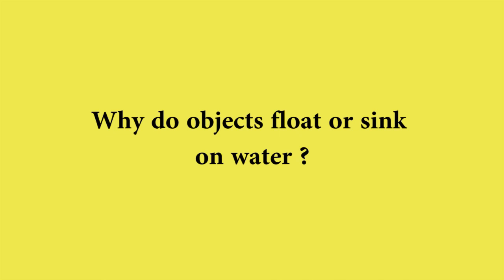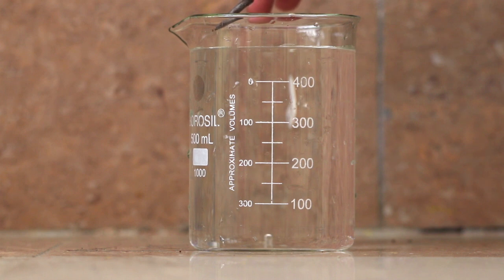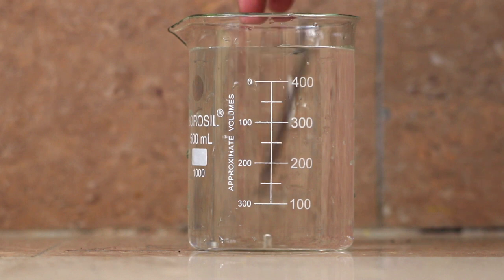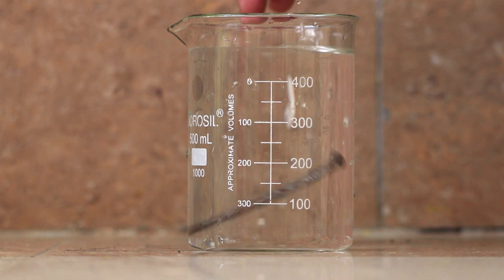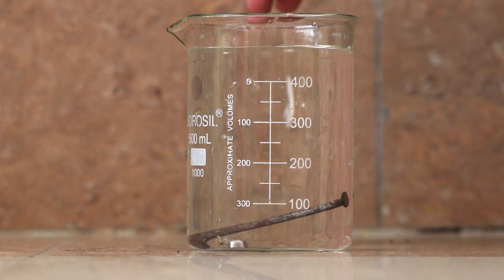Why do objects float or sink on water? Take a beaker filled with water. Take an iron nail and place it on the surface of the water. What do you observe? The nail sinks. This is because the Earth's gravitational force of attraction pulls the iron nail downwards.